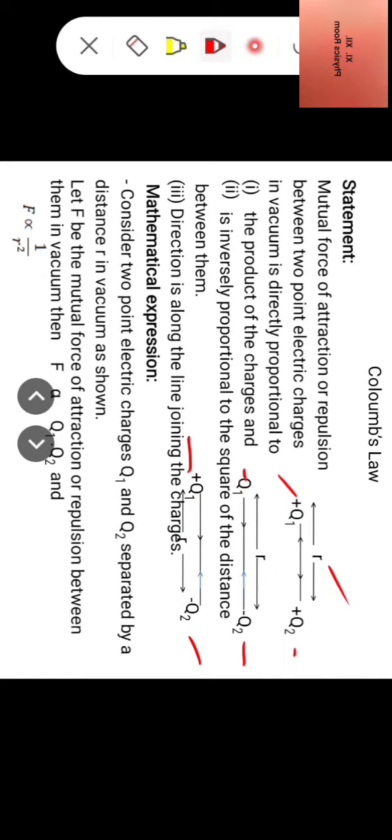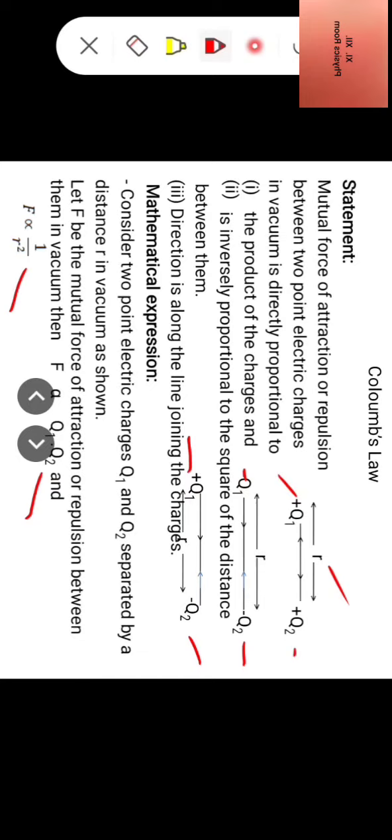Then F is directly proportional to the product Q1 Q2 and inversely proportional to distance square. F is proportional to Q1 Q2, and F is proportional to 1 by r square, which is inverse proportion.